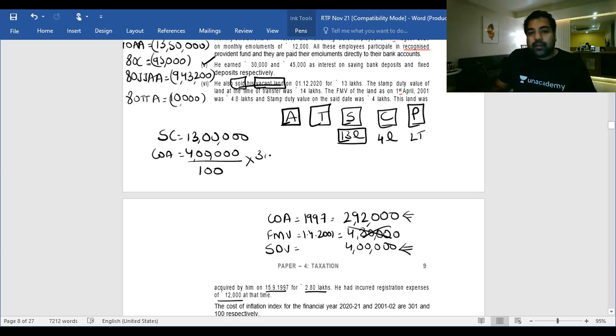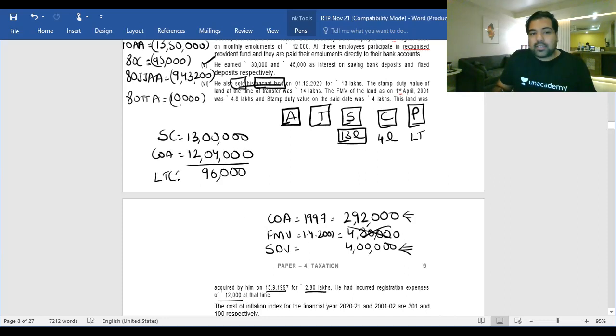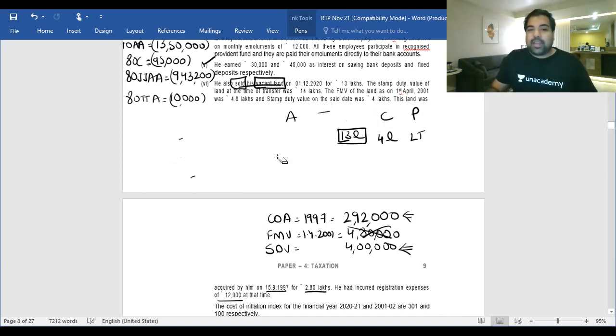So 4 lakh divided by 100 into 301 will give you 12 lakh 4,000. So that gets you a long-term capital gain of 96,000, LTCG. And remember, any long-term is taxable at a flat 20% after indexation. So this one is taxable at 20%. I'm just going to write it here.